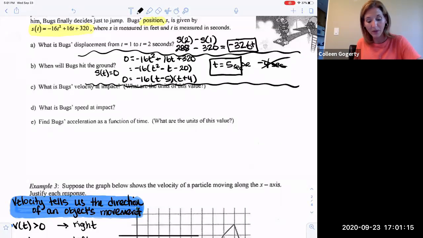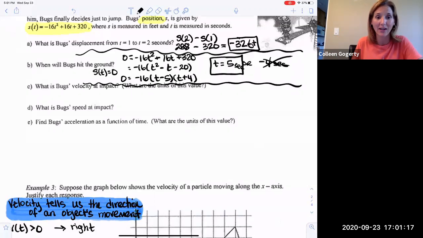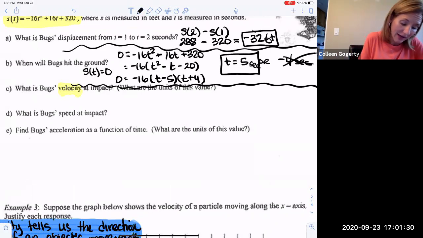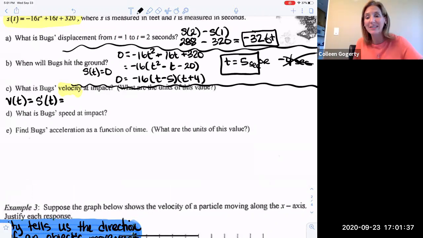So what is Bugs's velocity at the impact? So in other words, okay, keyword here that I've got to look at, velocity. Okay, his velocity when he hits the ground. Well, first of all, just knowing I have to calculate velocity means that I need the derivative or the rate of change on his position. So the rate of change, meaning the instantaneous rate of change on his position function, we can find this out pretty fast because we now have the power rule.